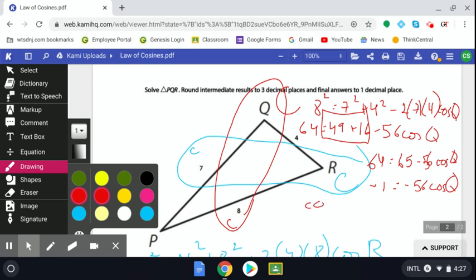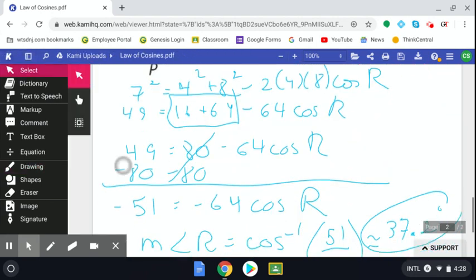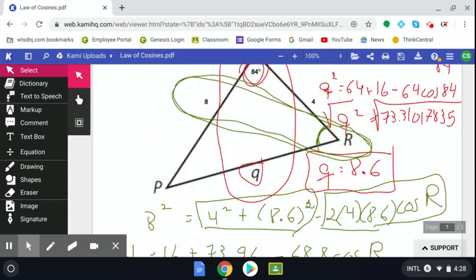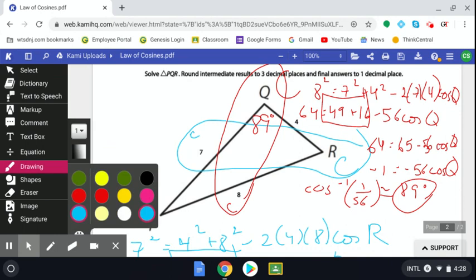Use inverse cosine. So you get 1 over 56. And that angle should be about 89 degrees. That's Q, right? Yeah. And then to find the third one, Q is 89, and the measure of angle R is 37.2.